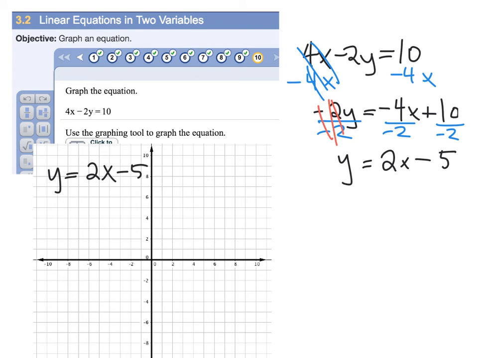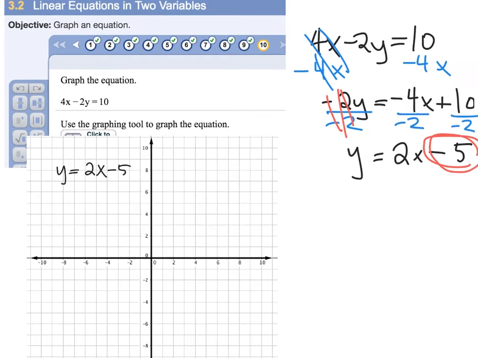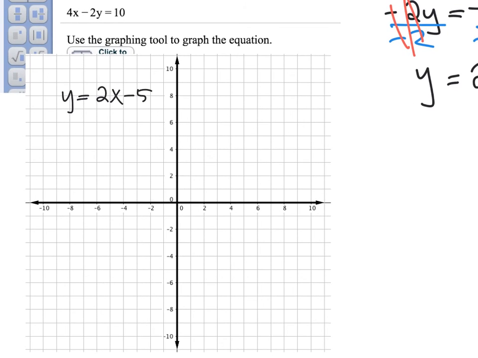All right, so I'm going to move that over here. And so now remember the shortcut. So the shortcut is this negative 5 tells us where on our line we are going to start. And I'm going to zoom in a little bit, we're going to start right at the negative 5, right here on the y-axis.